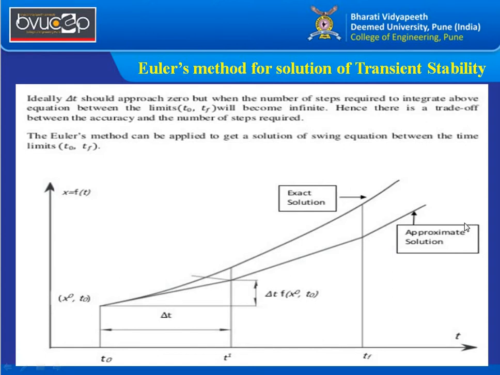And this is the exact solution, and this is the approximate solution. So there will be a slope. This delta t will represent the difference in terms of x and y coordinates, that will represent the slope. And that slope is very important. The slope or the difference between two consecutive values should be 0 in order to avoid the deviation between the exact solution and the approximate solution.